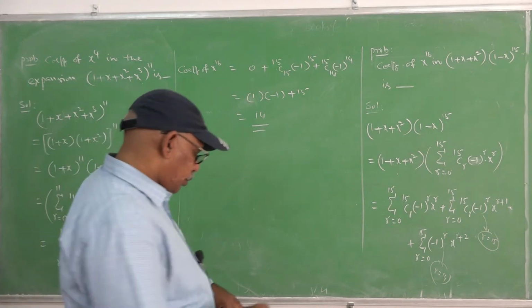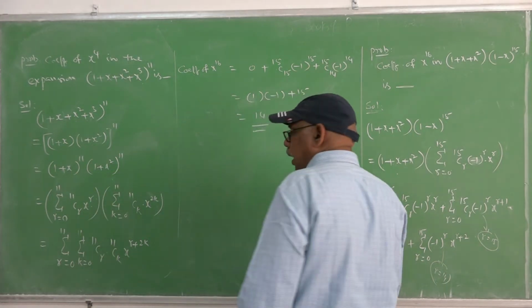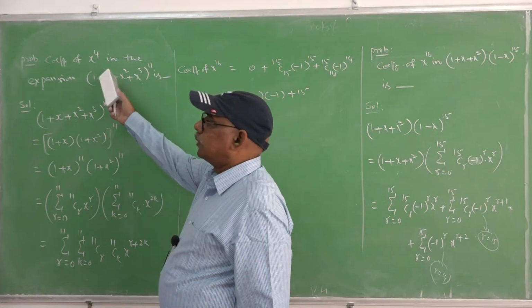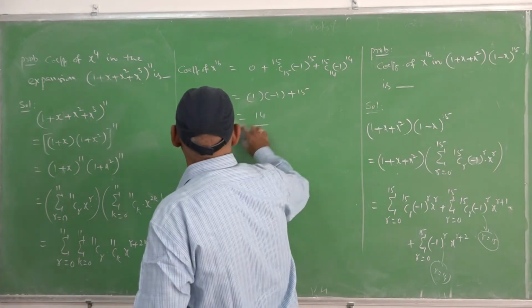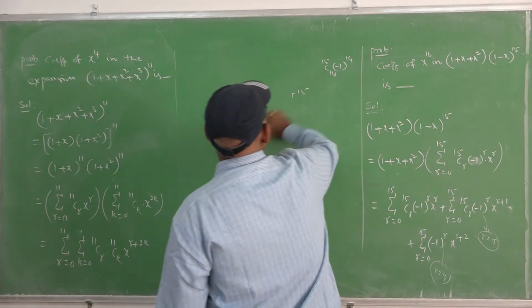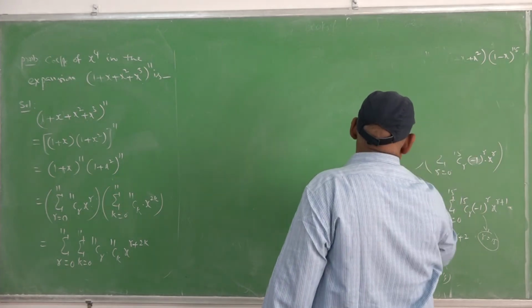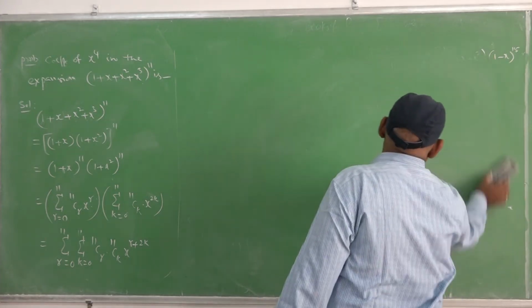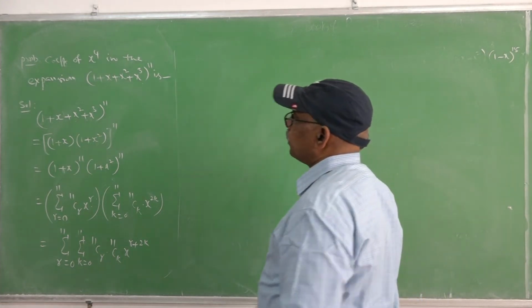Now choose the values of r and k so that r plus 2k must be 4. Choose different values of r and k to get x power 4.